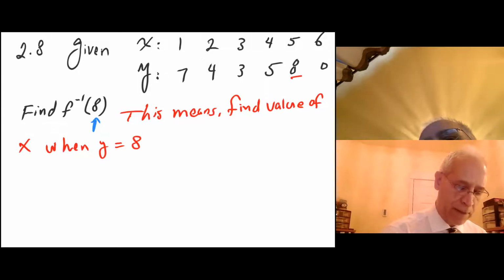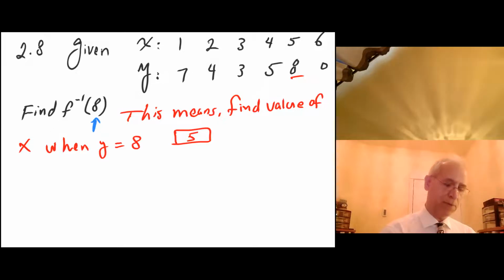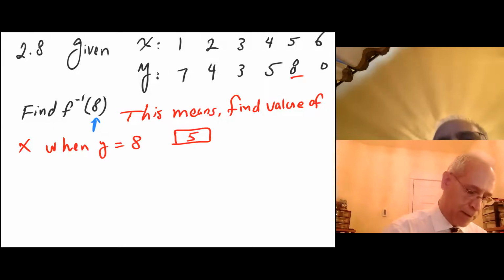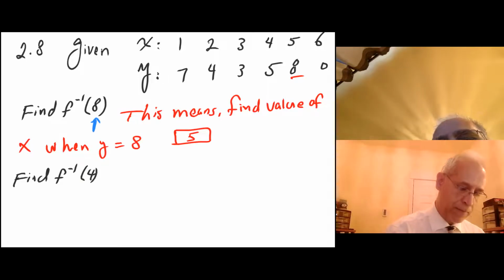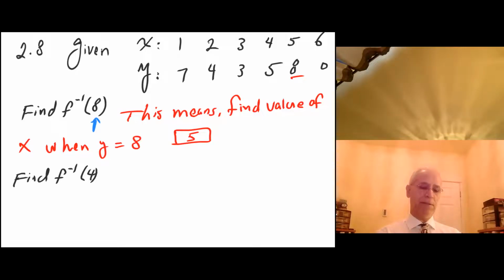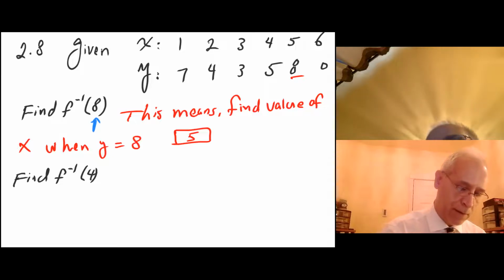The value of x is 5. Suppose the question was find f inverse of, say, 4. This means find the value of x when y equals 4. So that equals, look at the 4 for y values, 2.